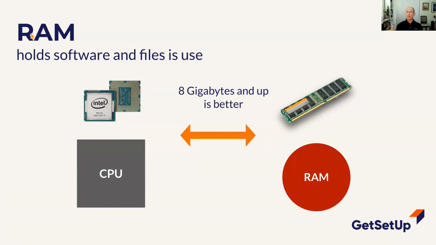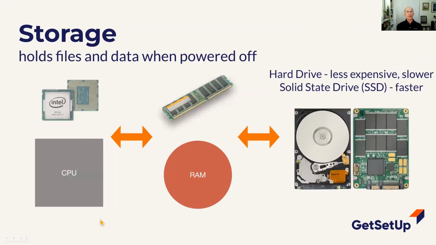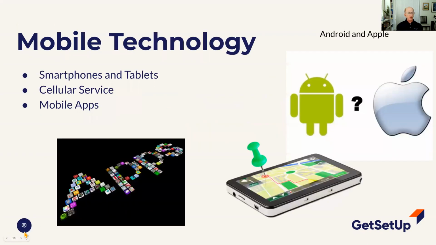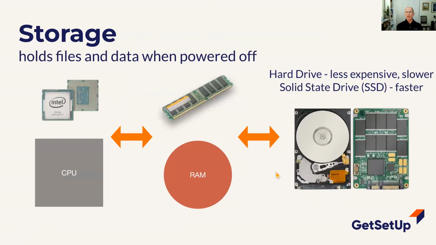That's RAM. You're only going to be using the RAM whenever you are powered on with your computer. The solid state drive or hard drive can store a lot more information. This is storing your applications, the things that do the work for you, your data, the files that you create, the photos that you create.